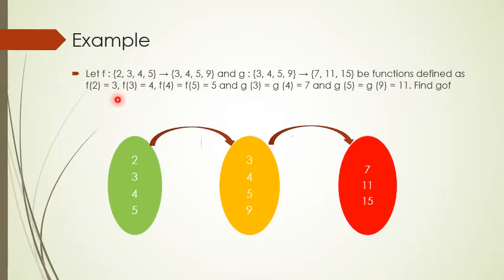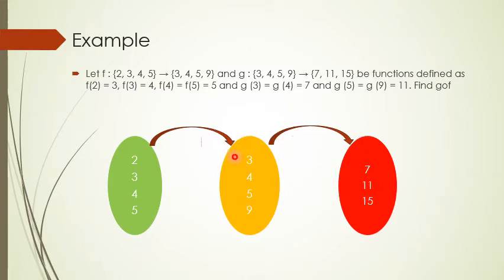Here, f is a function from the first set, which consists of the elements 2, 3, 4, 5, to the second set, which consists of the elements 3, 4, 5, 9. And g is a function from this set to this set.